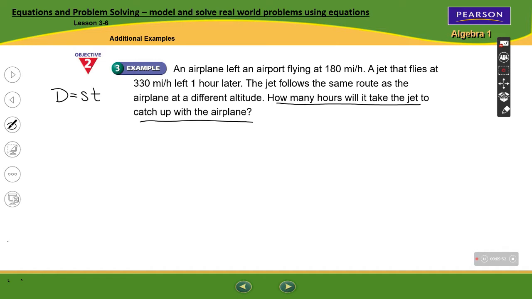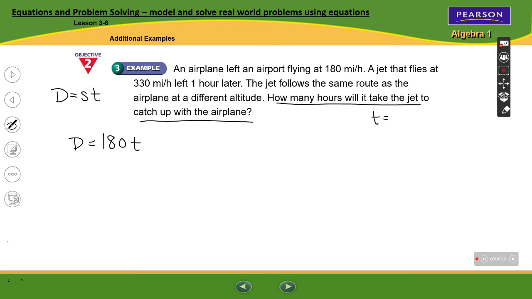So, airplane, do we know how far it goes? No. So we're going to say distance equals. Do we know the speed of the airplane? Yes. It's 180 miles an hour. Do we know how long the airplane is flying for? No. So we're just going to call that T. So over here I'm going to make a little note.